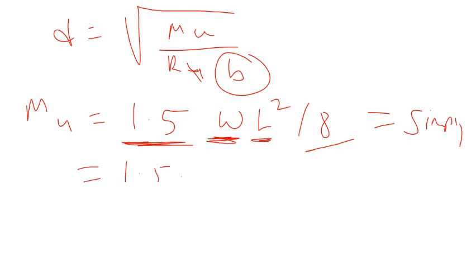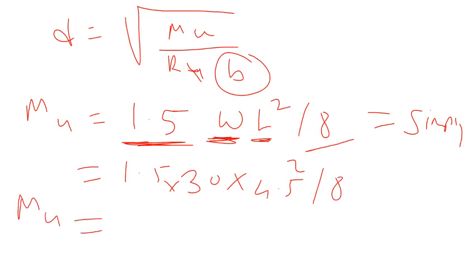1.5, W is given as 30 kilonewton per meter, L is given as 4.5, square of that, divided by 8, so the Mu quantity will come to 113.91 kilonewton meter.